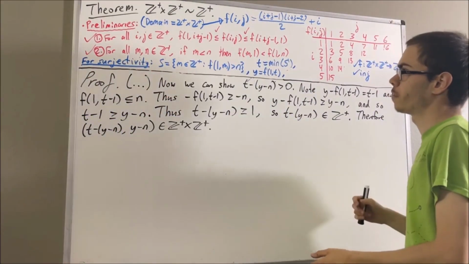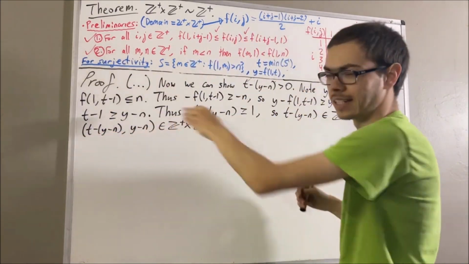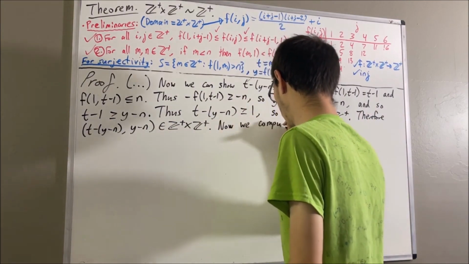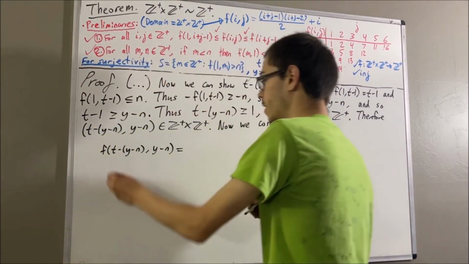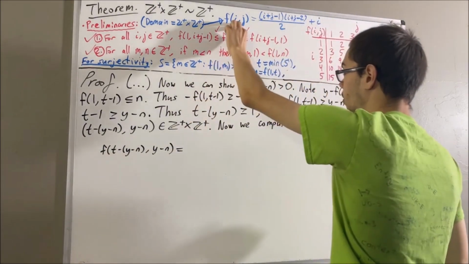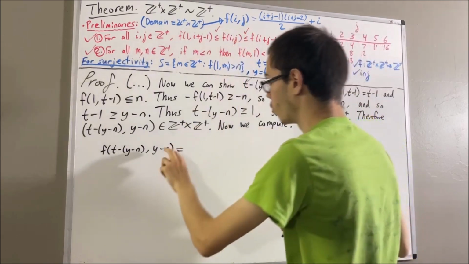And now we're going to show the functional value of f at this ordered pair is equal to n. And in doing this, we're going to replace everywhere we see an i with t minus y minus n, and everywhere we see a j with y minus n.